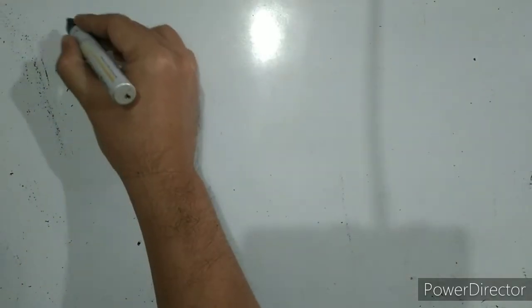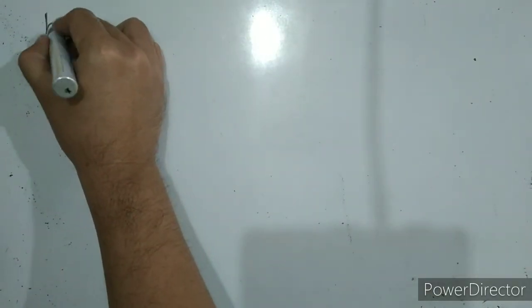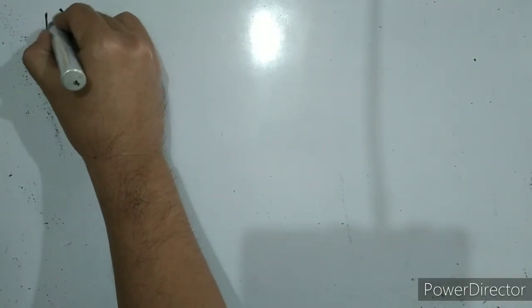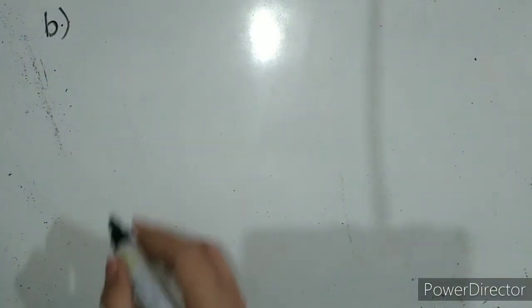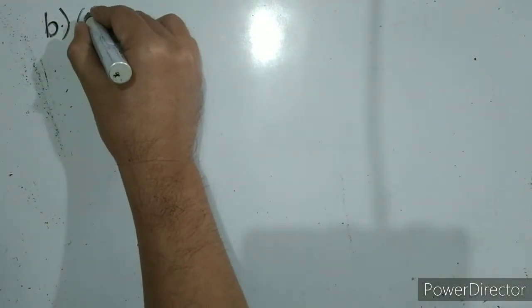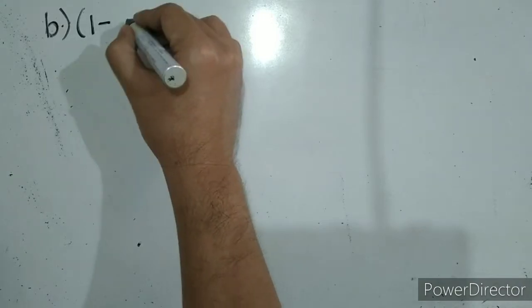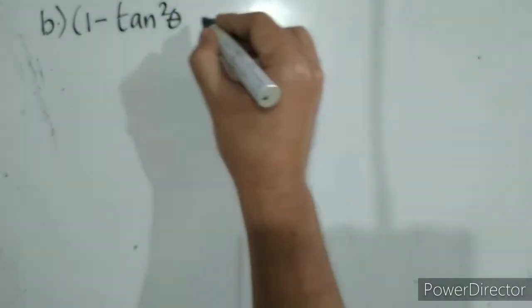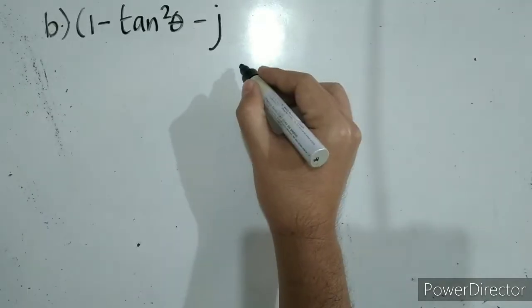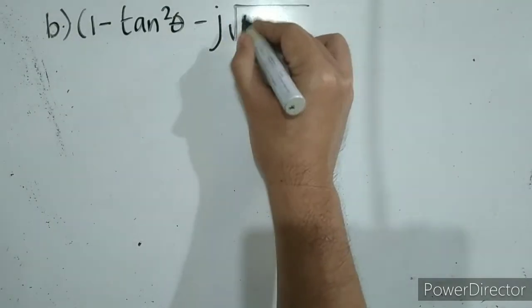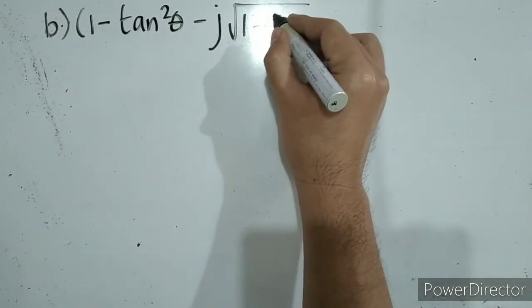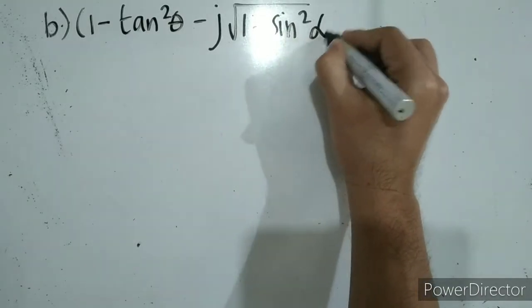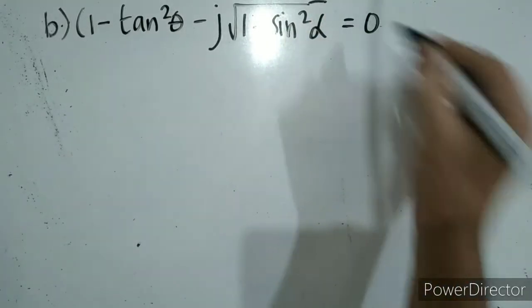Okay, we go now to our second problem, where we will use Theorem 1 in order to obtain the unknowns. The equation is 1 minus tangent squared theta minus j times the square root of 1 minus sine squared alpha equals 0.